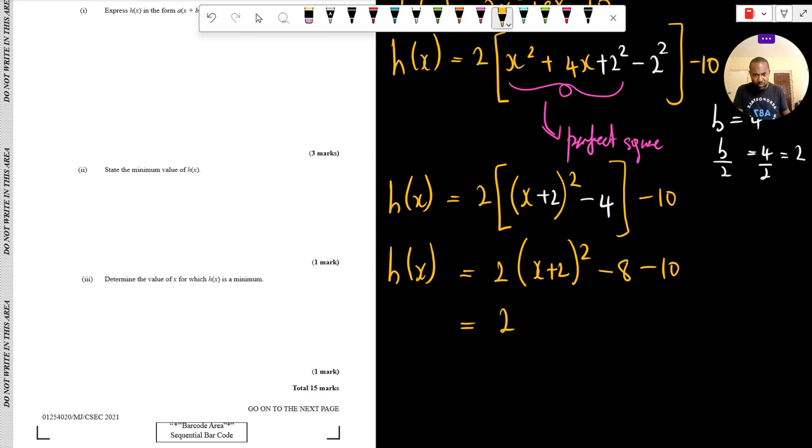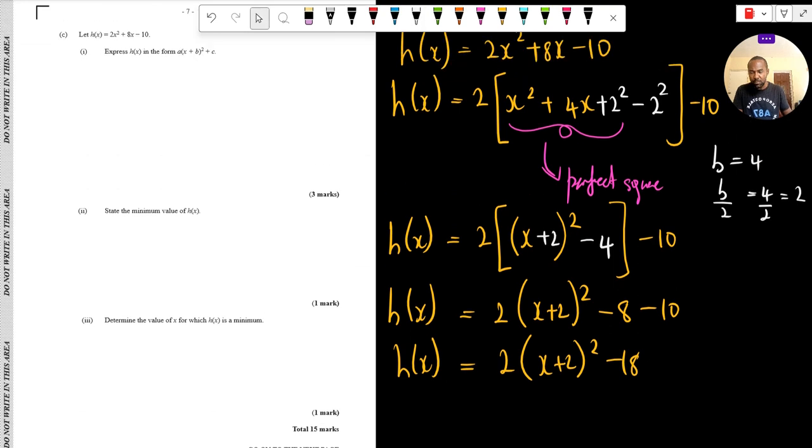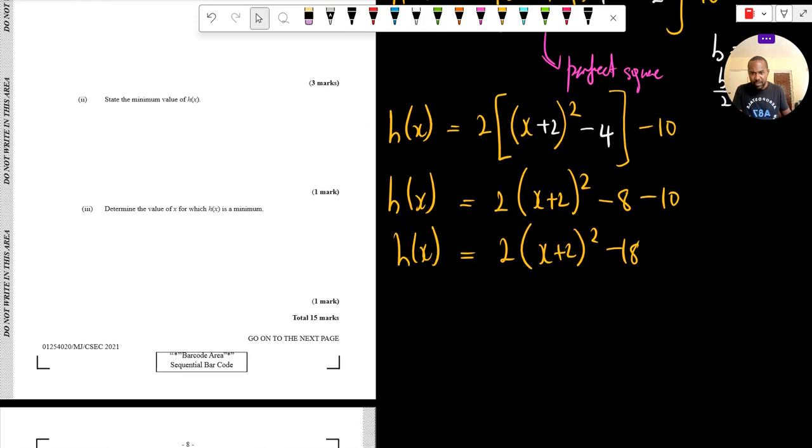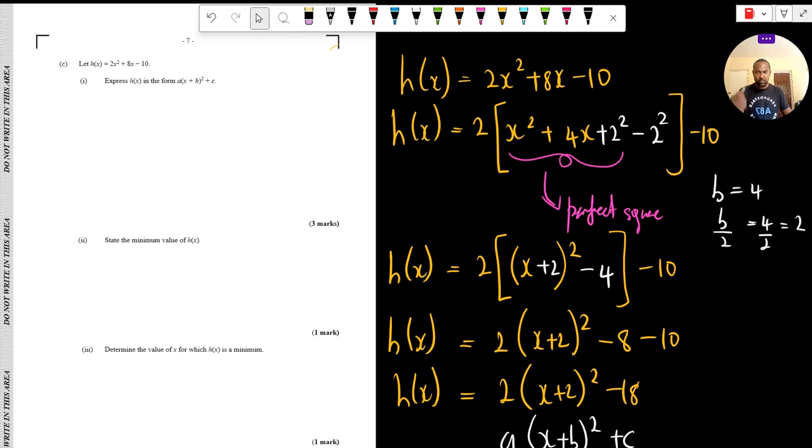And so this gives me 2 open brackets x plus 2 all squared minus 18. And this, of course, as we were told, is now in the form, let me see what they use, a x plus b all squared plus c. So we have a x plus b all squared plus c, all right? So that is in that form.